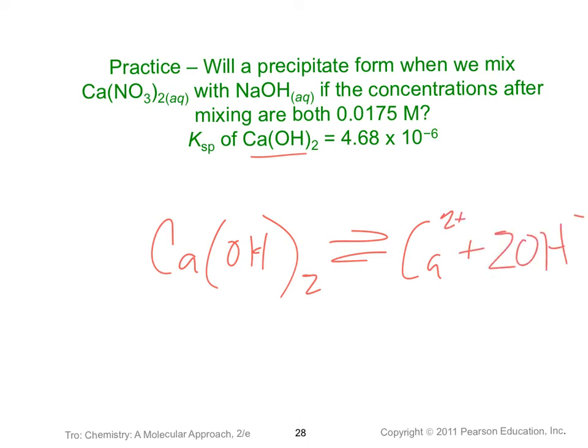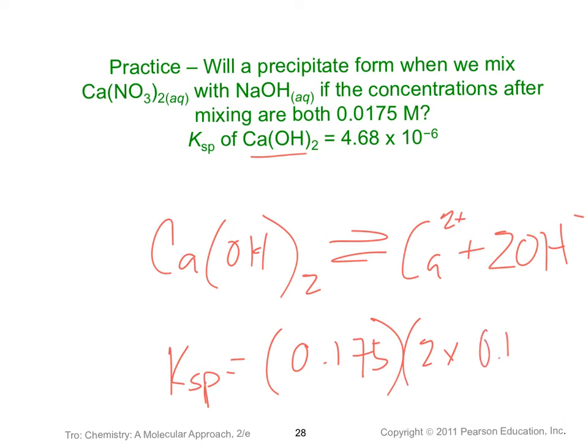You're going to plug in the concentrations and say the Ksp is equal to 0.175 and 2 times 0.175 squared. Solve for that. That gives you actually a Q, and then compare it to the Ksp.